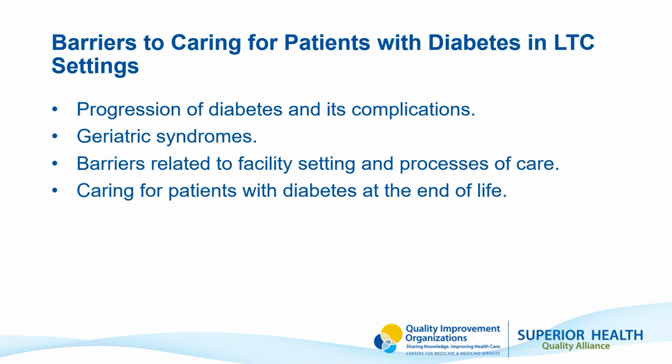Let's discuss the barriers to caring for patients with diabetes in long-term care settings. Even the best treatment plans cannot prevent the progression of the disease, which often leads to additional complications and increased risks to multiple body systems, adding complexity to treatment.